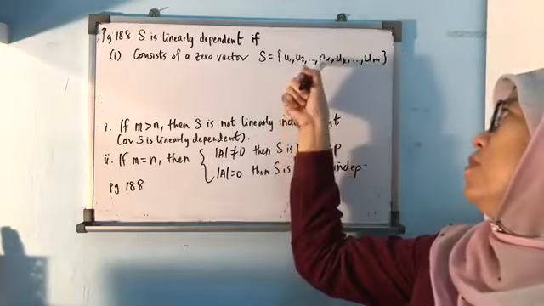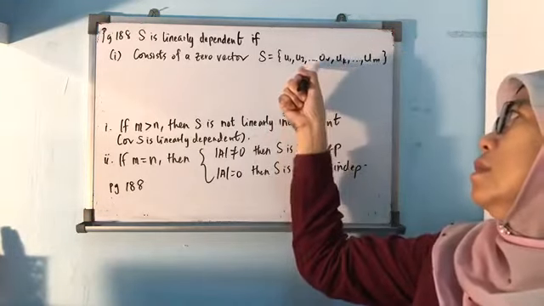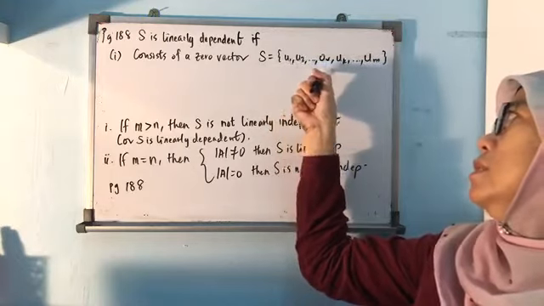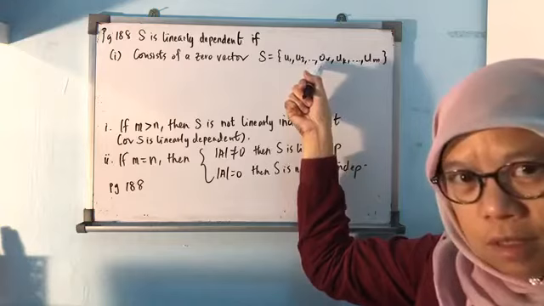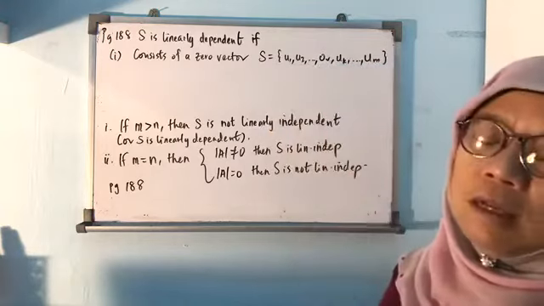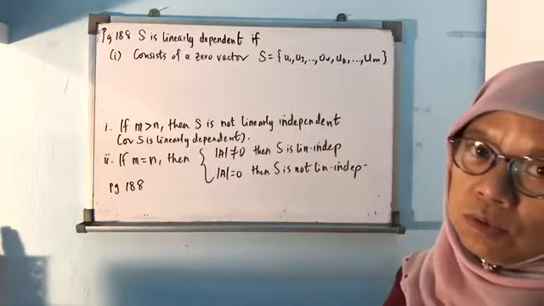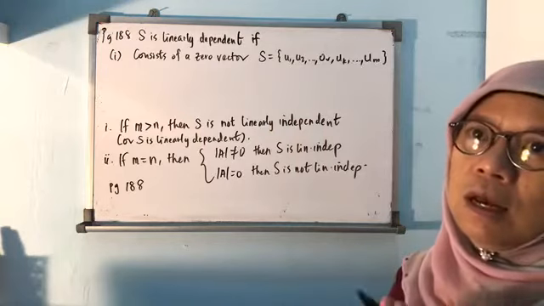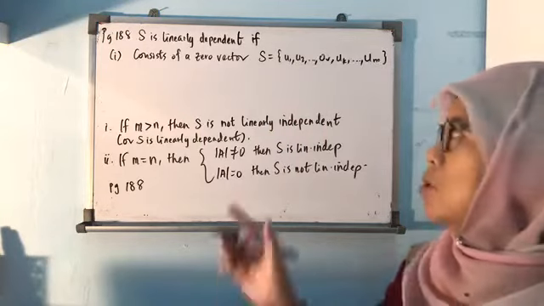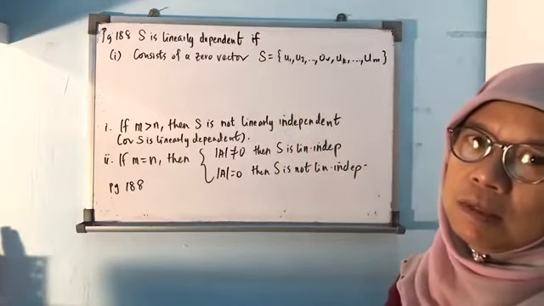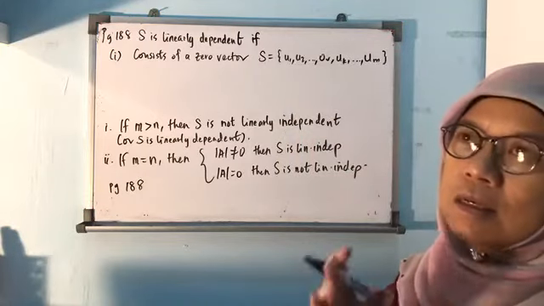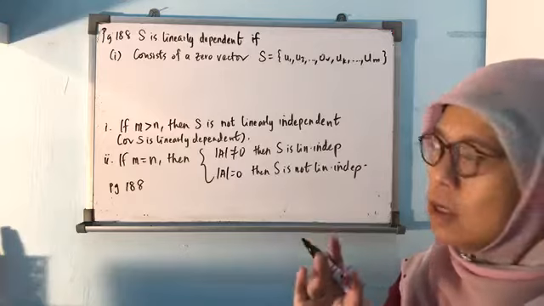If you have a zero vector here, everything else you multiply by 0, this one you multiply by a number, then you will still get all equal to 0. So not all Ci equal 0, because the C that you multiply with the zero vector can be any number.